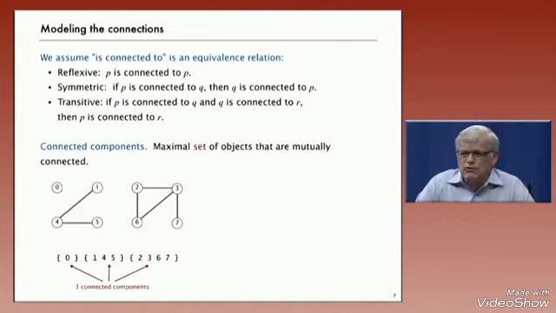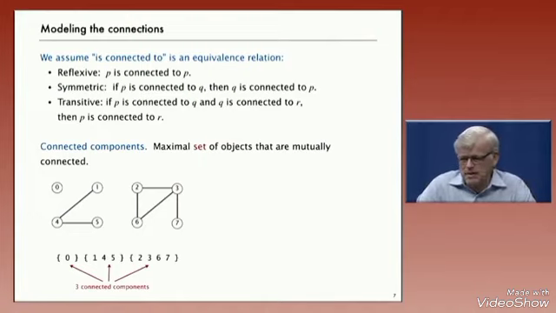When we have an equivalence relation, a set of objects and connections divide into subsets called connected components. A connected component is a maximal set of objects that's mutually connected. For example, in this small example here, there are 3 connected components. One consisting of just object 0, a second one with objects 1, 4, and 5, and a third one with the other 4 objects.